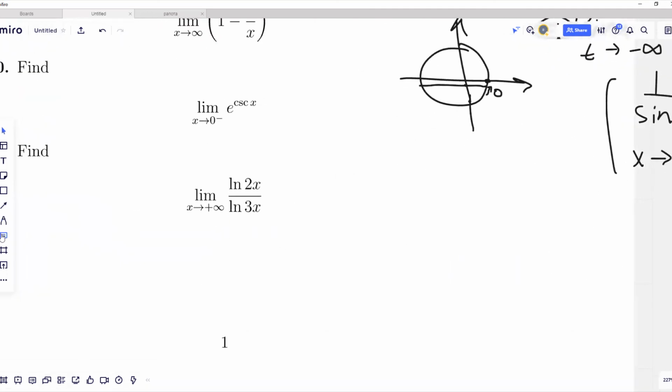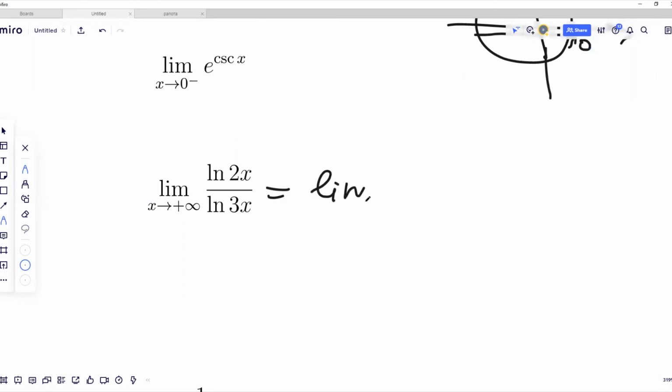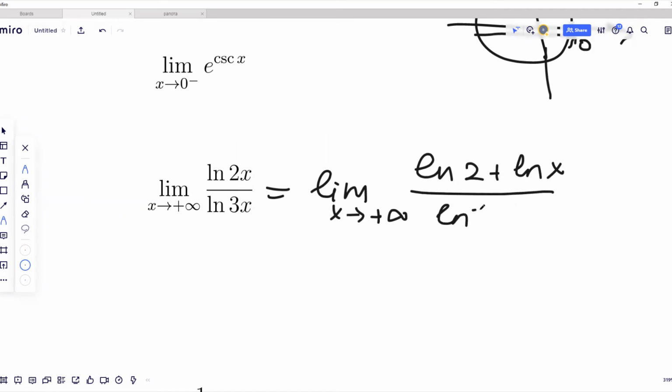Next problem. Using laws for natural log, we can express that as the following sum. Then we can divide everything by ln of x.